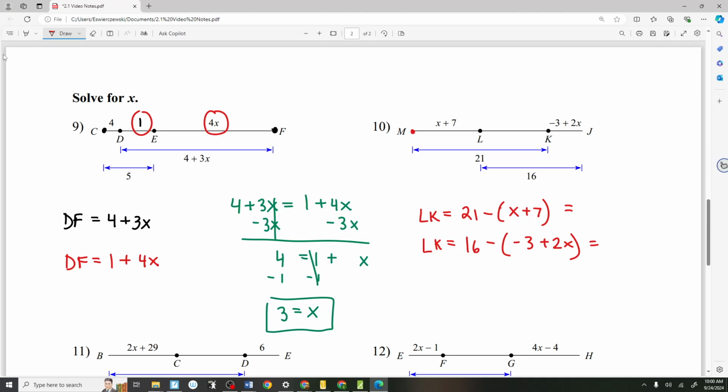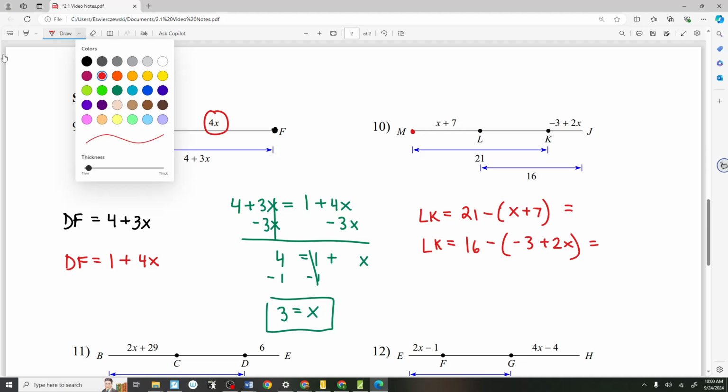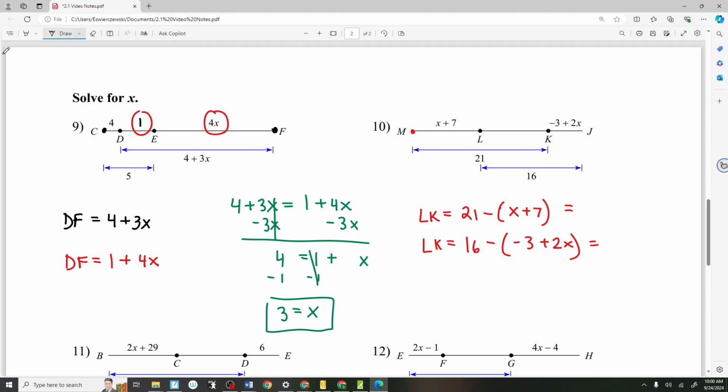This is why the parentheses matters. When you're subtracting something in parentheses, you're going to have to distribute that negative sign, basically. So this would become 21 minus x minus 7. That's why it's important to have the parentheses. If you don't have the parentheses, you're going to get this wrong.